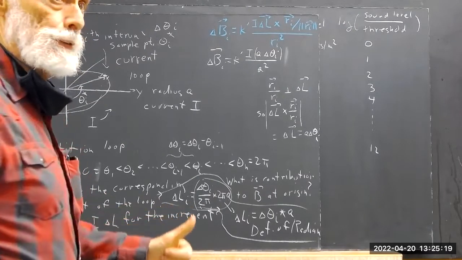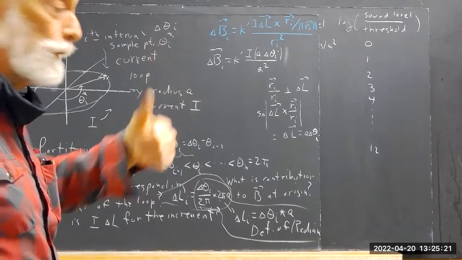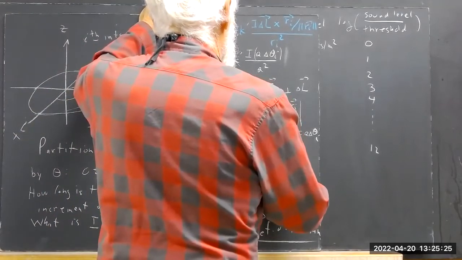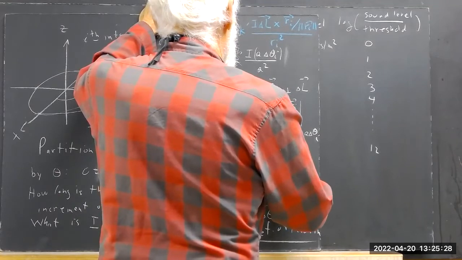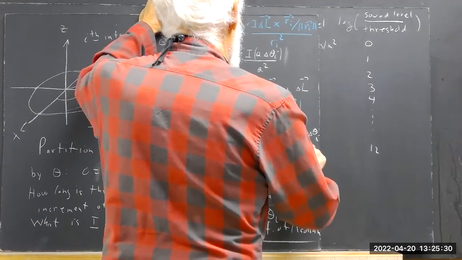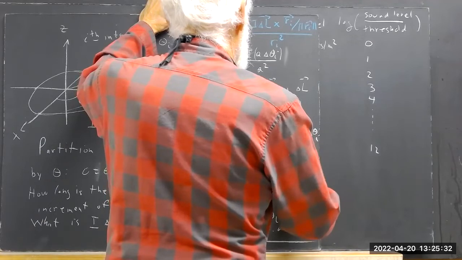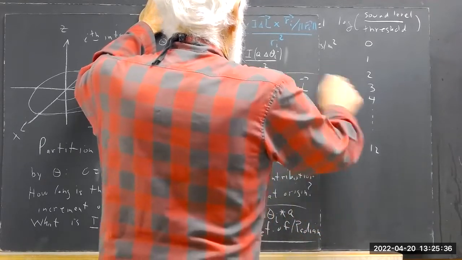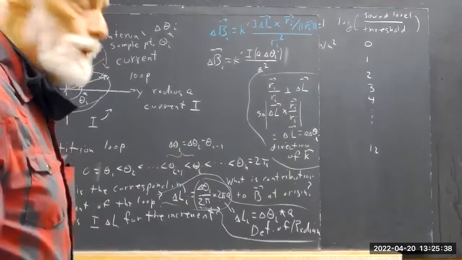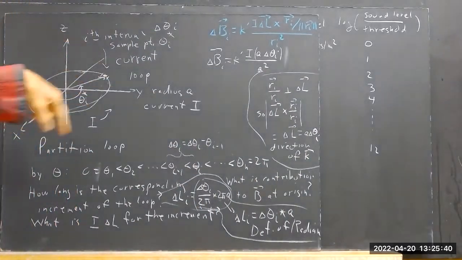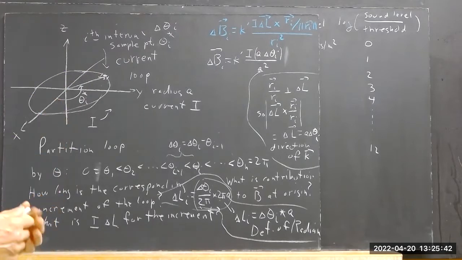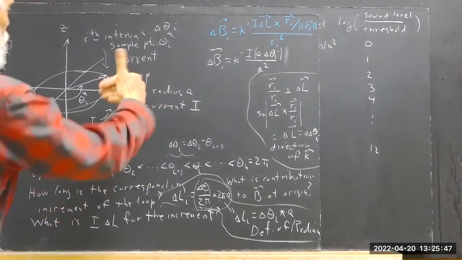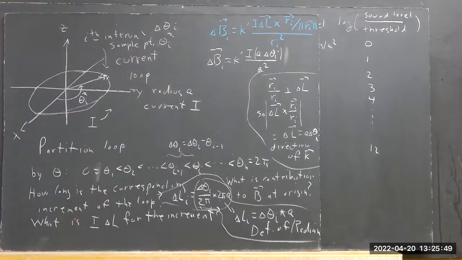Direction is in the positive Z direction. So I'll say it's the direction of the K vector, because clearly, if you're moving counterclockwise around this loop, every R cross delta L is going to be in the Z direction.